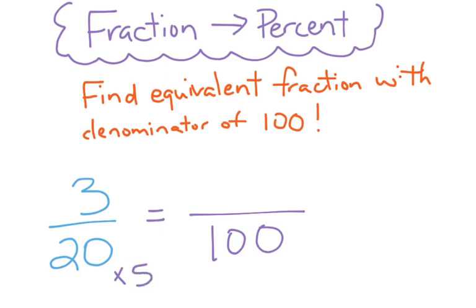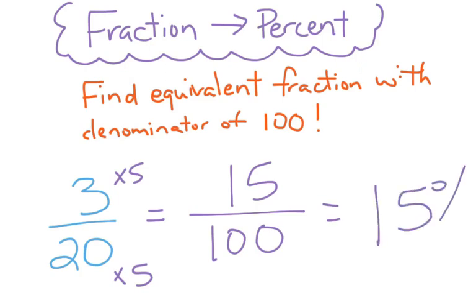That gives me 100. So when we're dealing with equivalent fractions, whatever we do to the denominator, we must do to the numerator. So 3 times 5 would be 15. And when I have it over 100, I know that that is the same thing as 15%. So when you're writing that percent, you actually have to write the number with the percent sign.